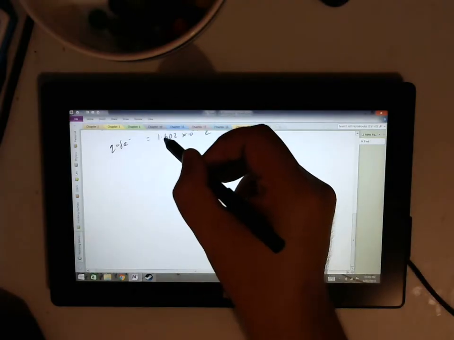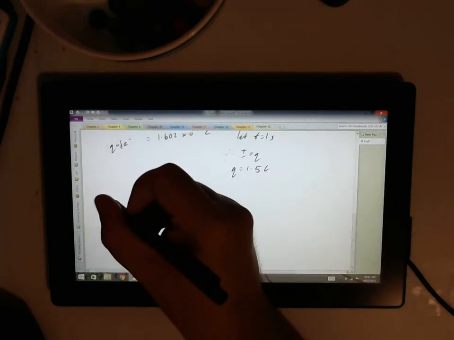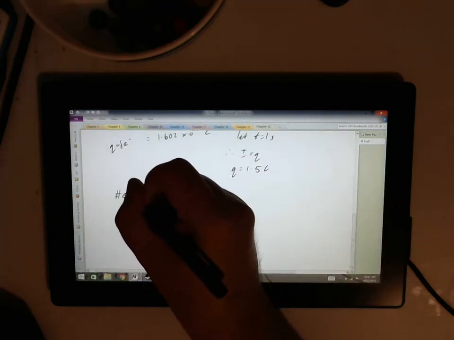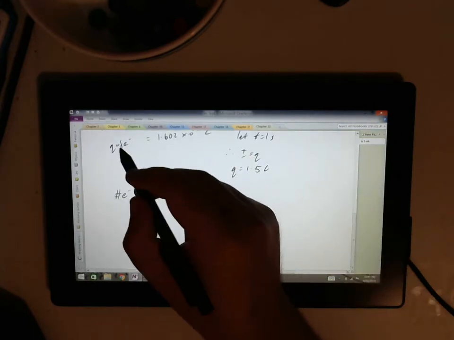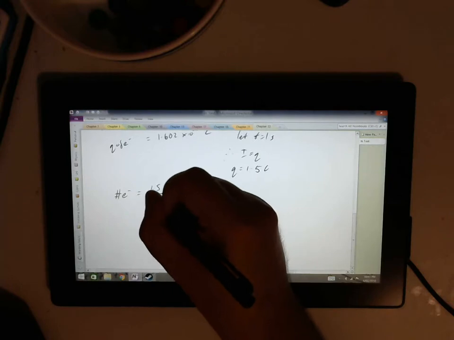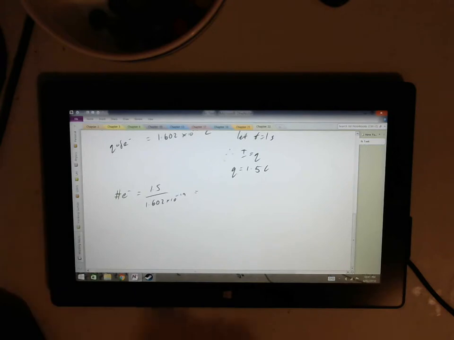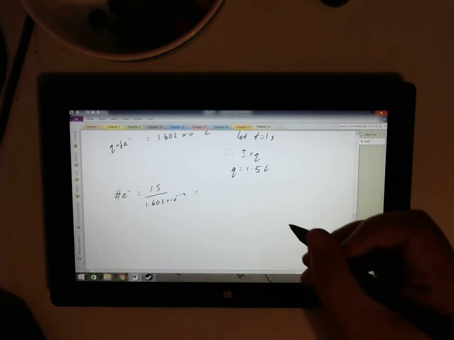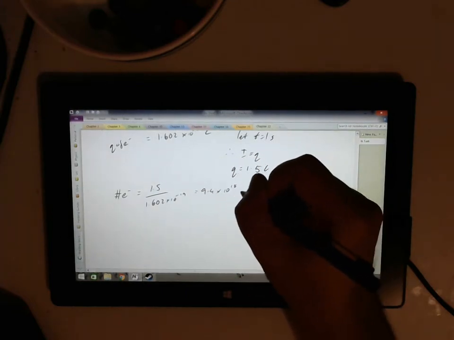We know how much charge is on one electron, so let's work that out in terms of electrons. The number of electrons is going to equal 1.5 divided by the charge of one electron, 1.602 times 10 to the negative 19. That gives us 9.4 times 10 to the 18 electrons.